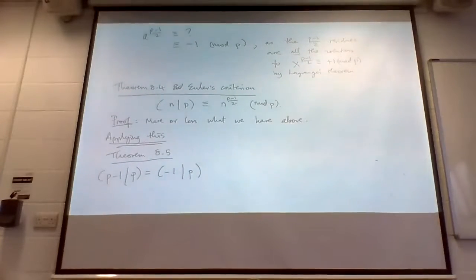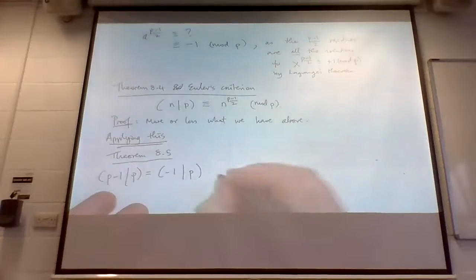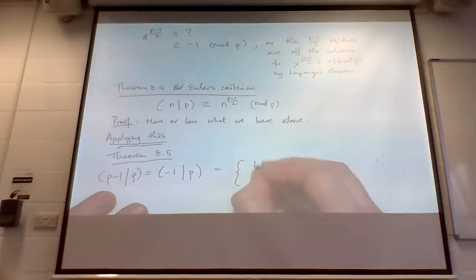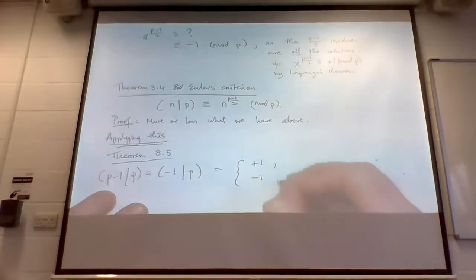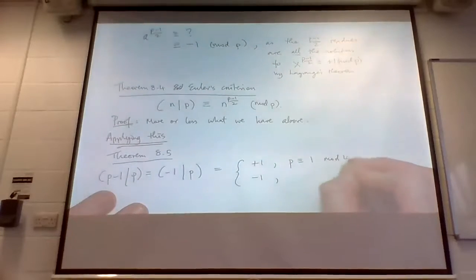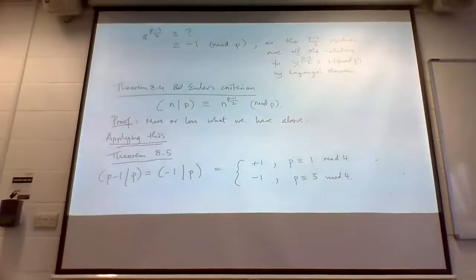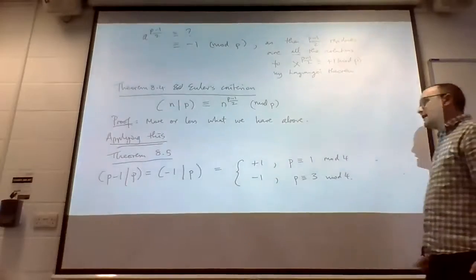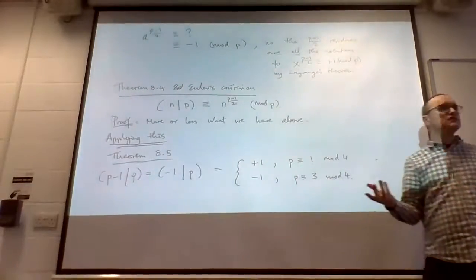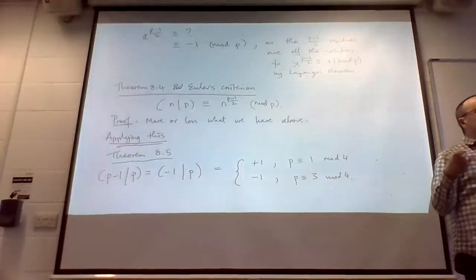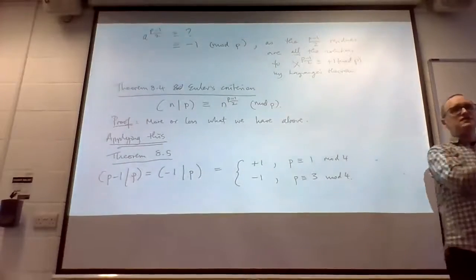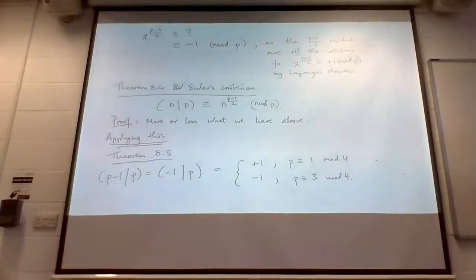So we've already seen that sometimes it is and sometimes it isn't. Here, 8.5 gives you a very nice condition for understanding when this is plus 1 and when it's minus 1. And it just depends on the congruence class of the prime modulo 4. Even if p is very large, you can tell immediately what it is modulo 4.